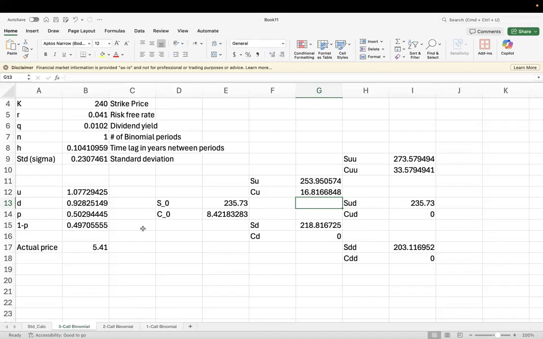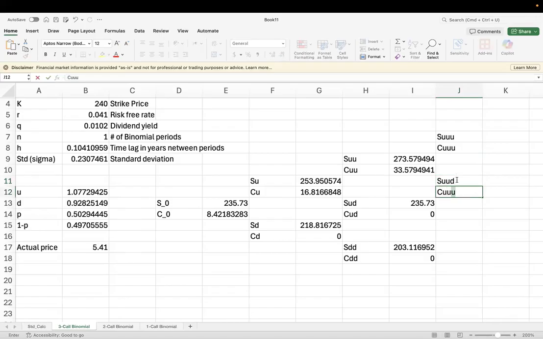Now how can we do this? First of all, I'm gonna just copy these names, paste it here, and then this one is gonna be SUU, and then call it CUU, and then here it would be SUUD and CUUD, and then here is SUDD, then here's CUDD as well.